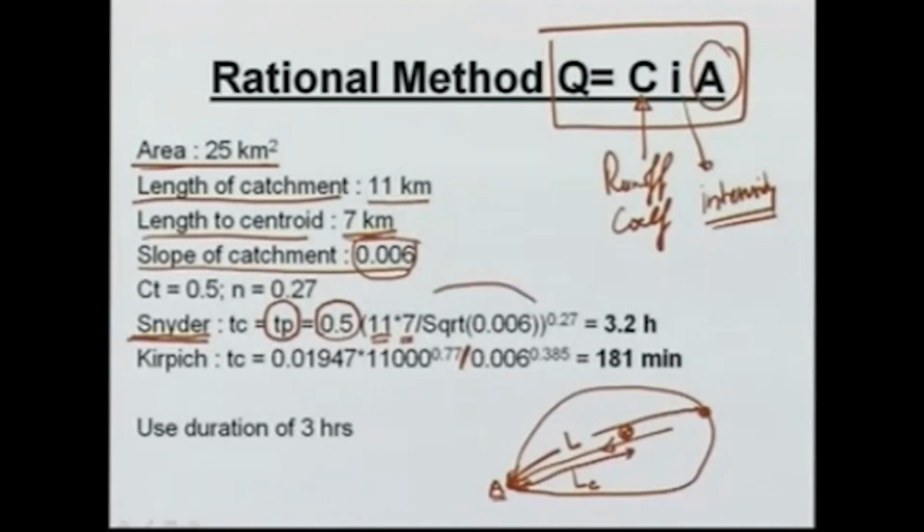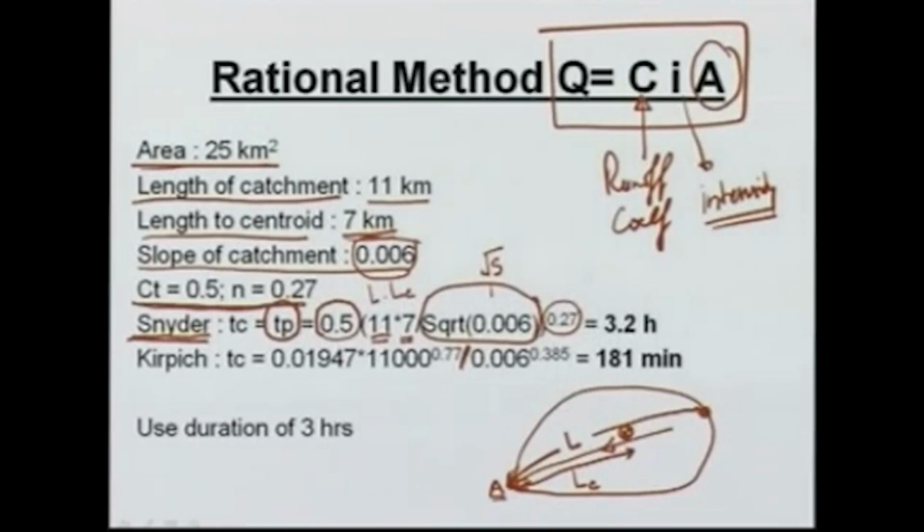This factor was not there originally in Snyder's equation, but we use this square root of S term. This is the square root of the slope of the catchment. This is L into Lc, and then this is a power n. Again, the Ct and n values differ from catchment to catchment, but for this catchment let us say that we are given these values as 0.5 and 0.27.